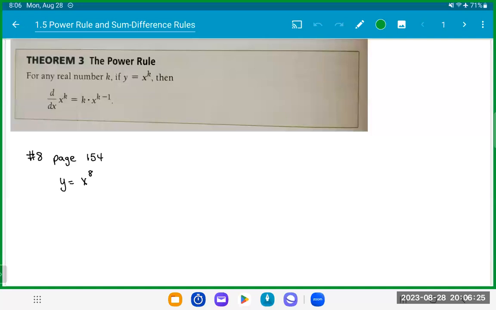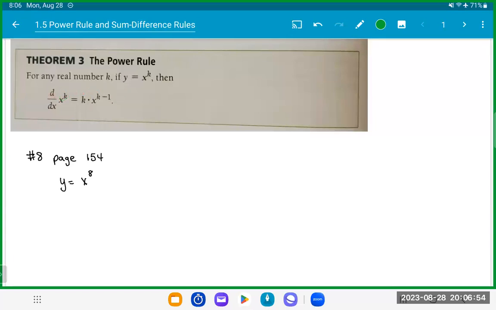If we have y equals x to some value k, then the derivative, or this d over dx, that's what you can signify derivative as well. And so basically what that does is you just take the k from right here, you bring it in front, and then you just minus 1 off of the k, okay?